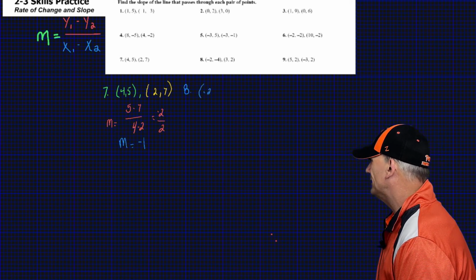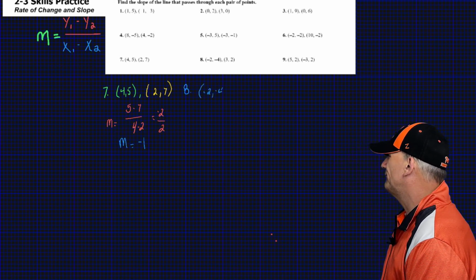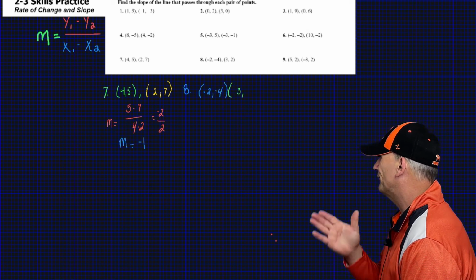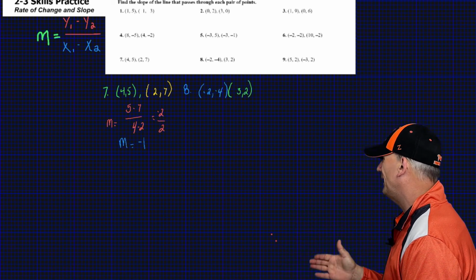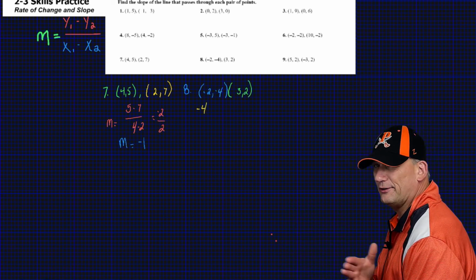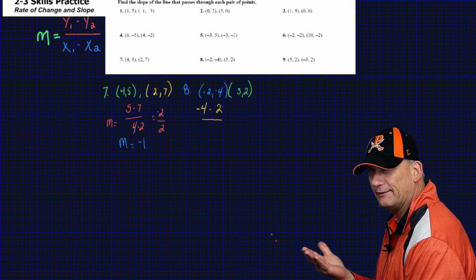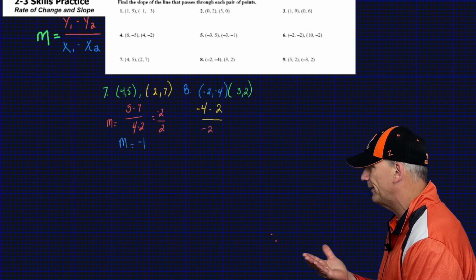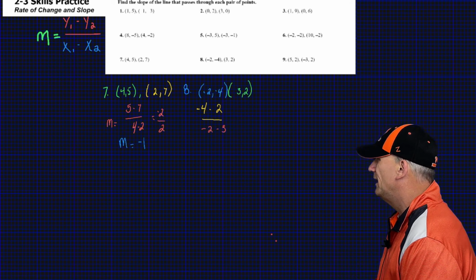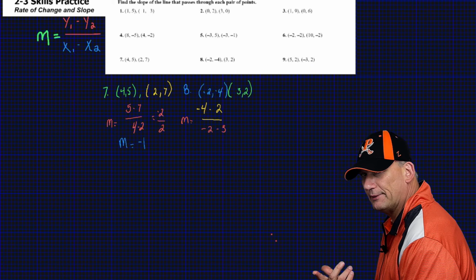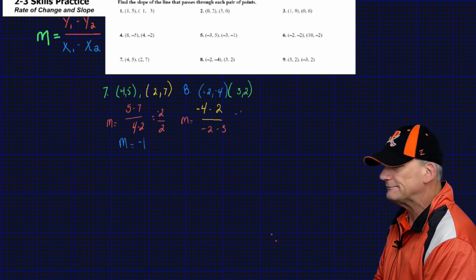All right, number 8. So negative 2 and negative 4, and we got 3 and 2. So what are the y's? The y's are negative 4 minus 2, right? Keeping in mind our integer rules. Same signs, add them together, keep the sign. So it's negative 6 on top. Down the bottom, negative 2 minus 3, same signs, add them together, is negative 5.